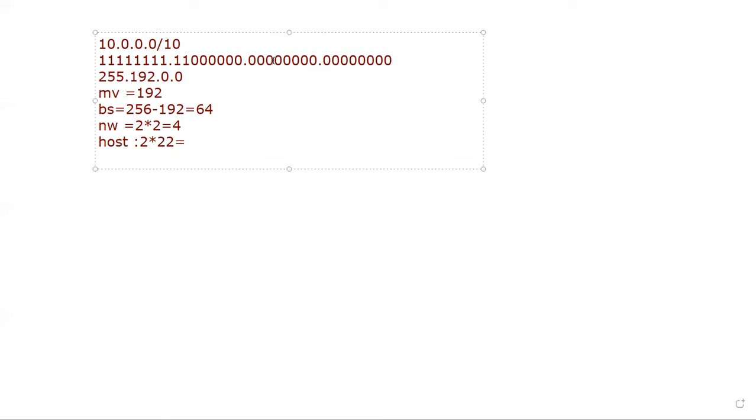What is the value of 2 raised to power 6? 64.